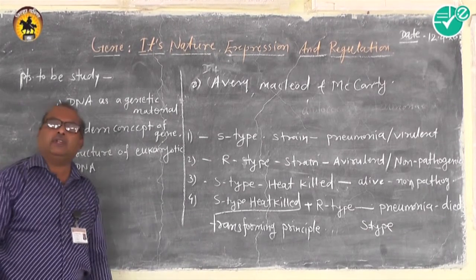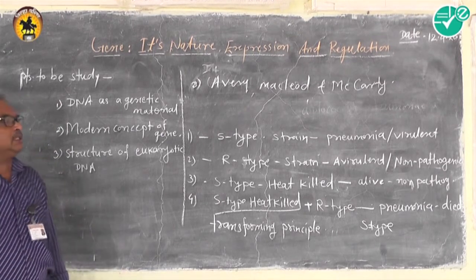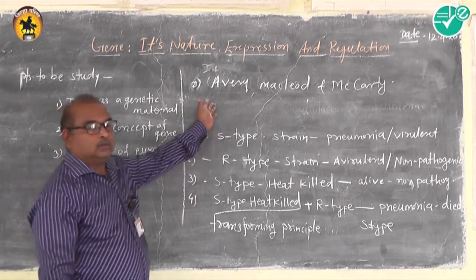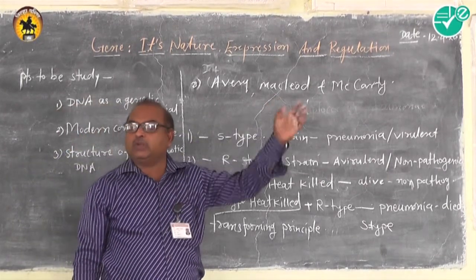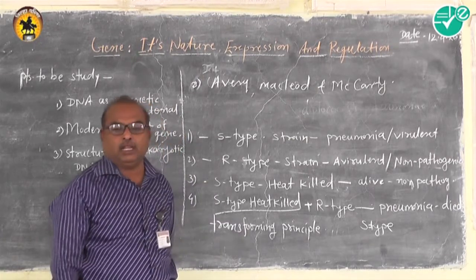Griffith performed his experiment in 1928, and 16 years later, in 1944, these three scientists of different places performed the experiment in support of Griffith's experiment, and they proved that DNA is the genetic material.